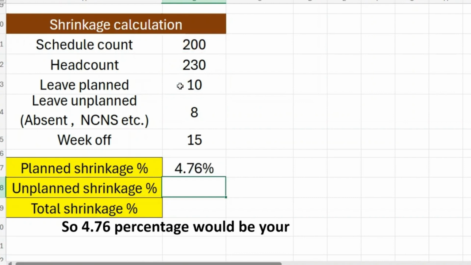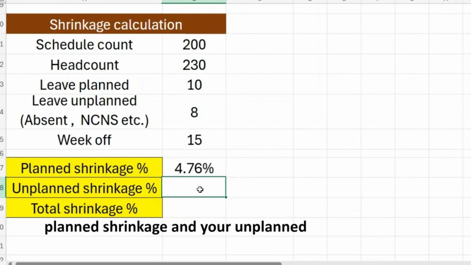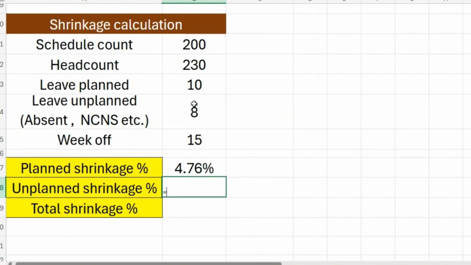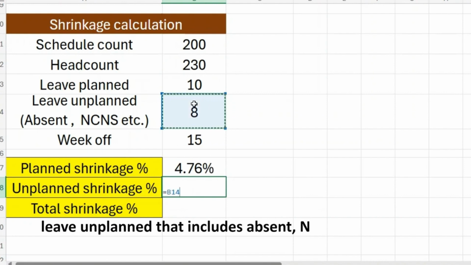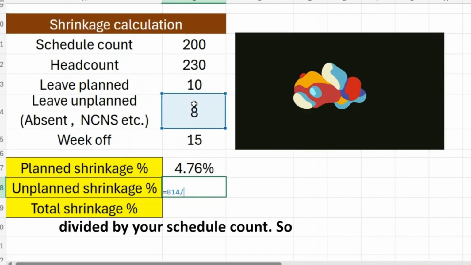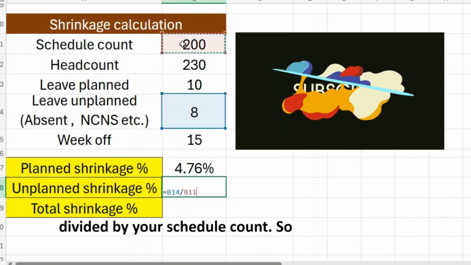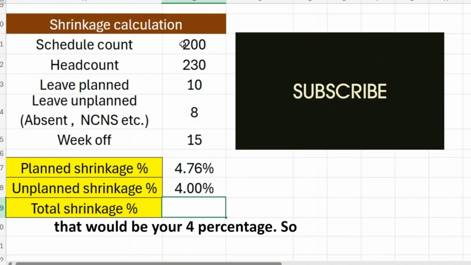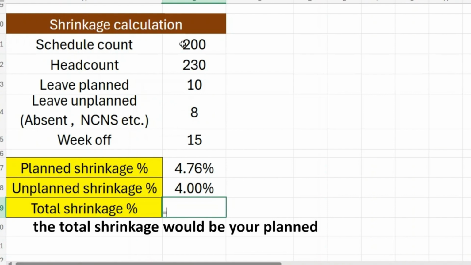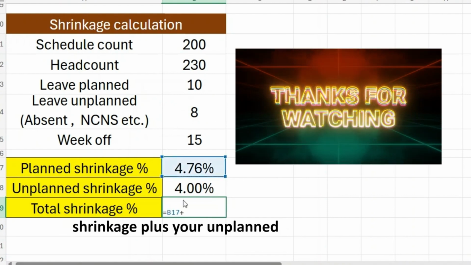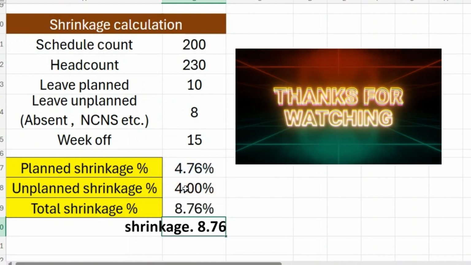So 4.76 percent would be your planned shrinkage, and your unplanned shrinkage would be your total leave unplanned, that includes absent, NC, NS, or any other absenteeism, divided by your schedule count. So that would be your 4 percent. So the total shrinkage would be your planned shrinkage plus your unplanned shrinkage, 8.76 percent.